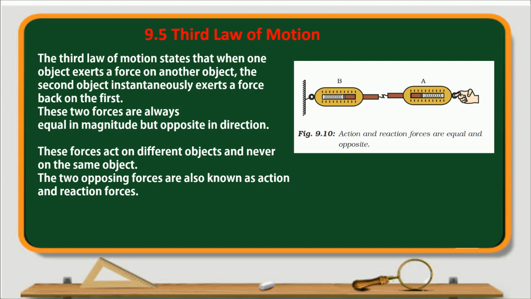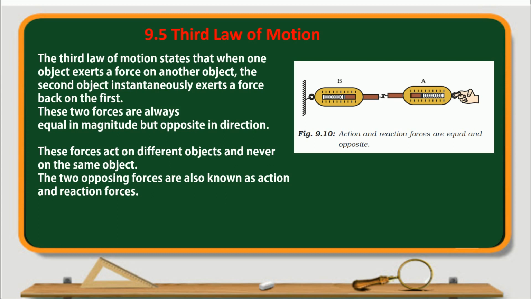Now, what we have to understand about these forces. First, these two forces are always equal in magnitude but opposite in direction. When the first body applies a force on the second body, the direction is from the first body to the second body.